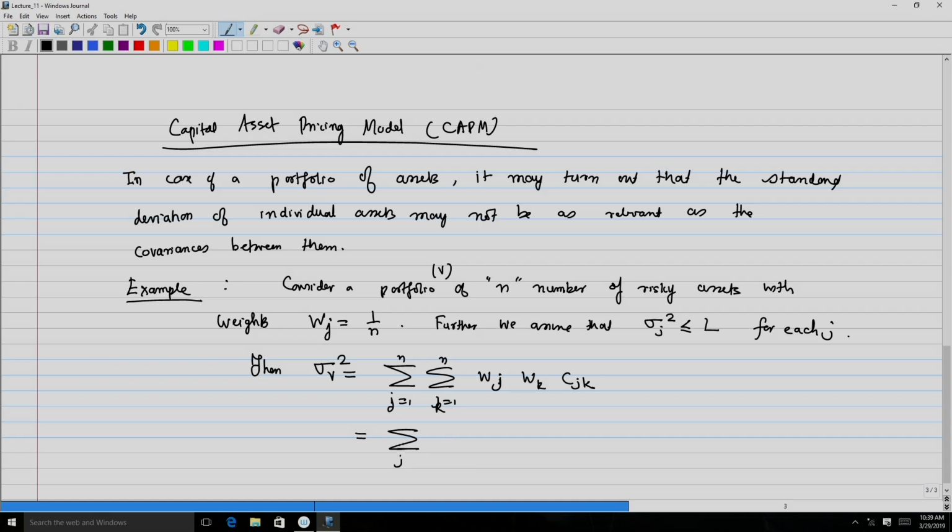This can be split as the summation over j from 1 to n of w_j squared sigma_j squared, plus the summation over j and k, with k not equal to j, of w_j w_k c_jk.